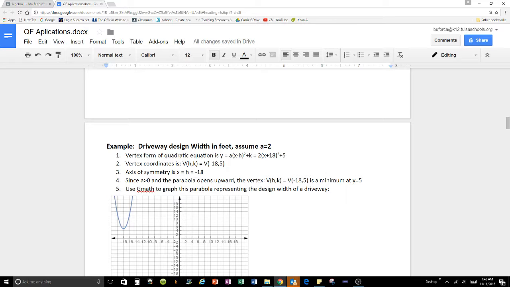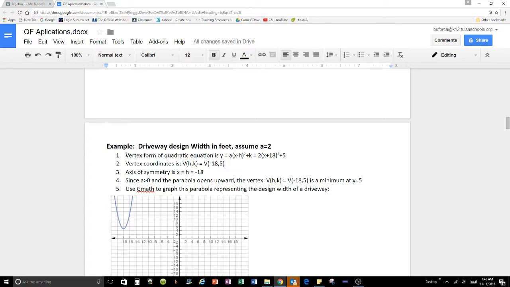And remember, h represents the distance from x equals 0, so the shift either left or right from x equals 0. And k represents the shift vertically either up or down from 0.